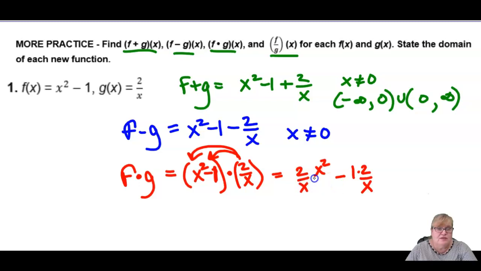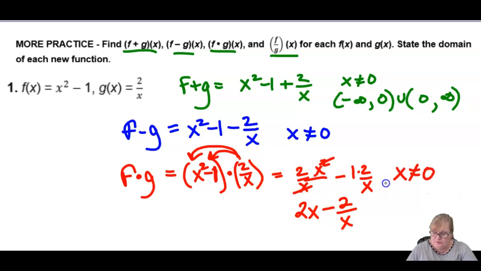So this would be a 2x squared over x, and one of those x's could divide out, so we'd end up with a 2x. And 1 times 2 is just 2, and there's still a denominator of x. Okay. All along, there was a denominator of x, so x cannot be 0.